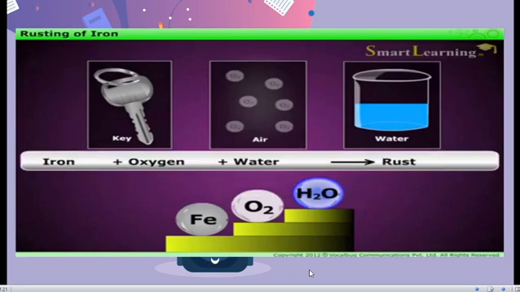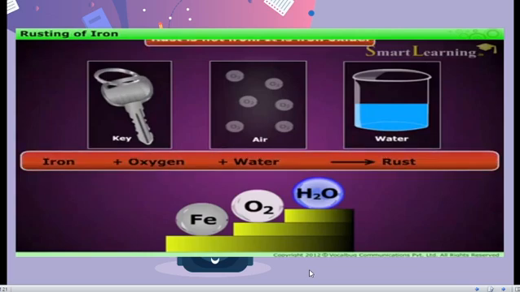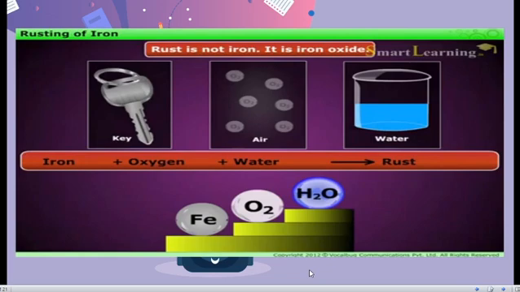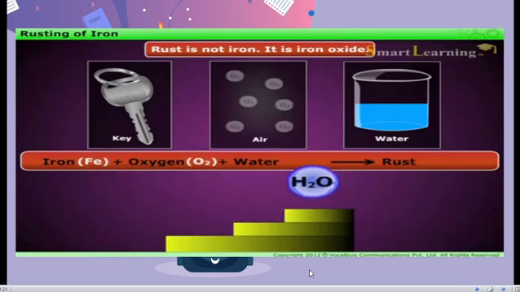When an iron object comes in contact with moist air or water, it forms rust. Rust is not iron. It is iron oxide, that is, Fe2O3. Thus, the equation can be represented as Fe plus O2 plus H2O gives Fe2O3.